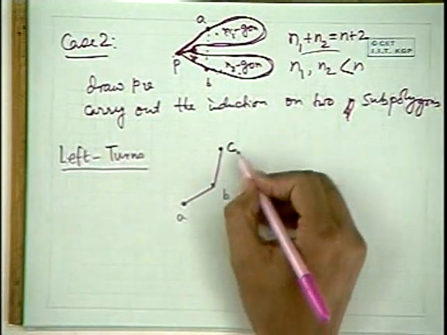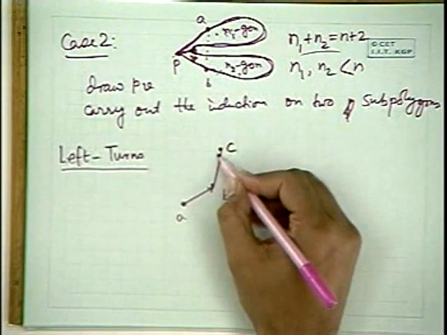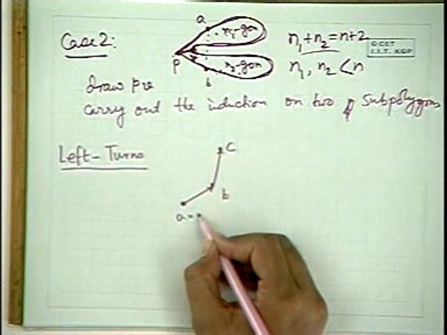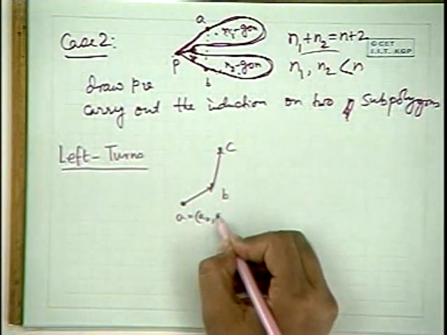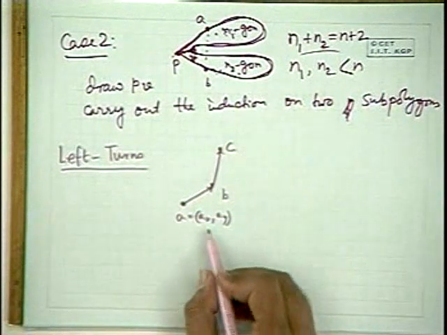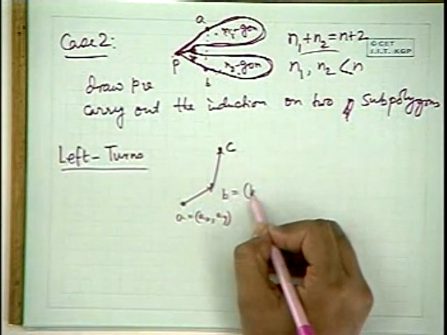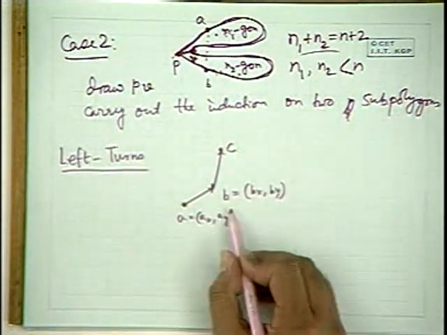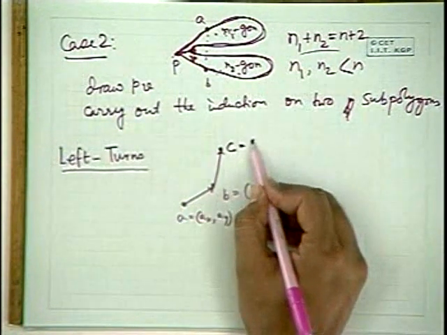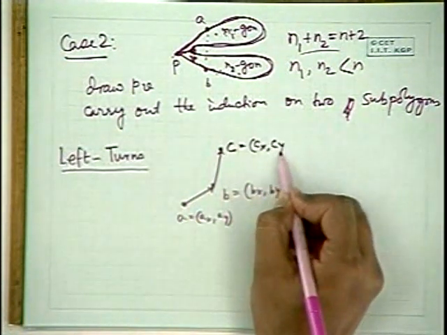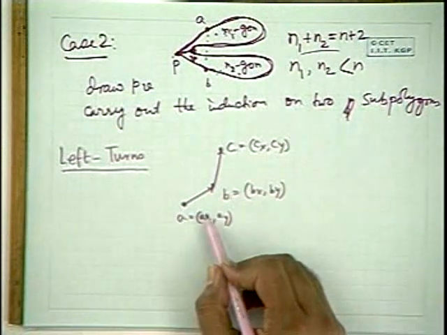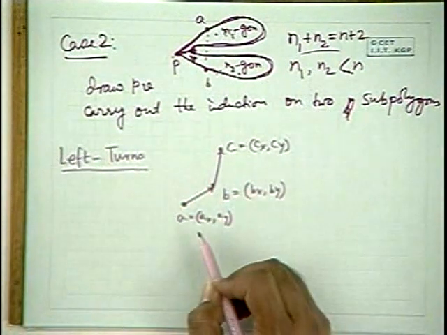A has coordinates Ax and Ay, B is Bx, By, and C is Cx, Cy. So these are the X and Y coordinates of these 3 points.